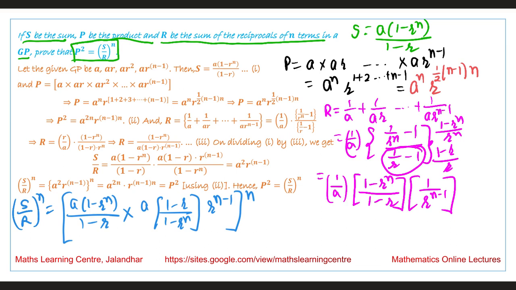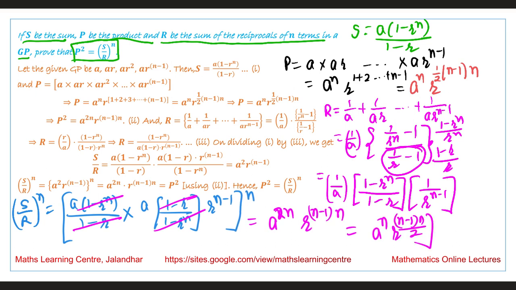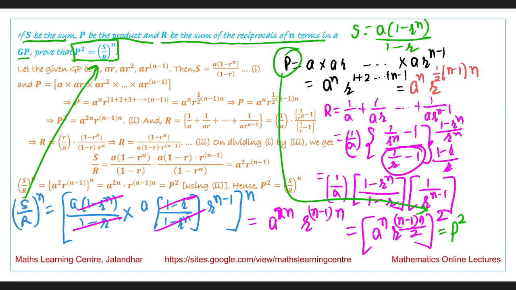So 1 minus r gets cancelled, and 1 minus r raised to the power n gets cancelled. We are left with a raised to the power 2n and r raised to the power n minus 1 into n, and we can write this as a raised to the power n r raised to the power n minus 1 into n by 2 and whole square, and this value is equal to P square. This is what we have to prove, that S by R raised to the power n is equal to P square.